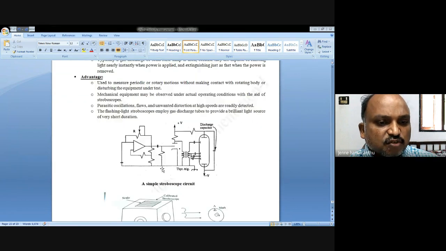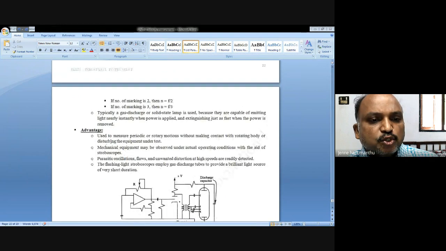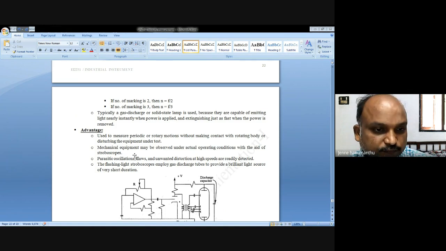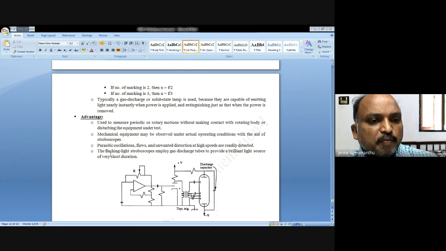Advantages. First, it is used to measure periodic or rotatory motions without making contact with the rotating body or disturbing the equipment under test. Second advantage, mechanical equipment may be observed under actual operating conditions with the aid of the stroboscope. So parasitic oscillations, flaws, and unwanted distortions at high speeds are readily detected.